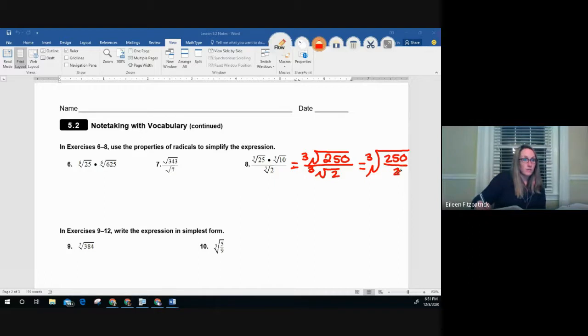I want to do it that way because 250 is divisible by 2. 250 divided by 2 is 125. 125 is a perfect cube. If you need to do your factor tree, do it off to the side. You're going to see it's 5 cubed, 5 times 5 times 5. The cubes cancel, and you're just left with a 5.